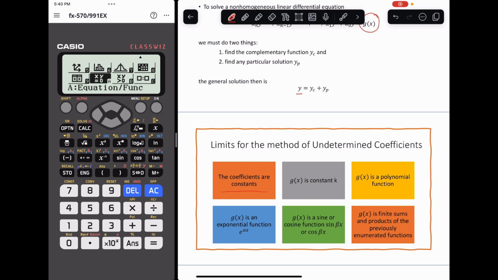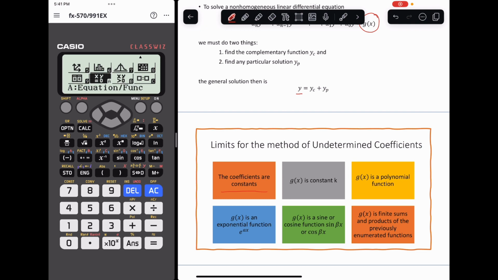And lastly, g of x can be a combination: a product of two of these functions, or a sum and difference of these functions. So again, we are limited to polynomial functions, exponential functions, and sine and cosine, plus of course a combination of those functions mentioned, whether in terms of a product or a sum and difference.